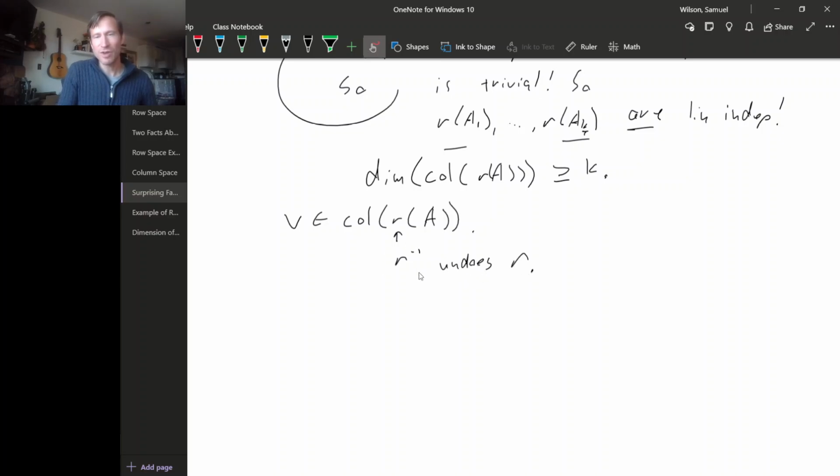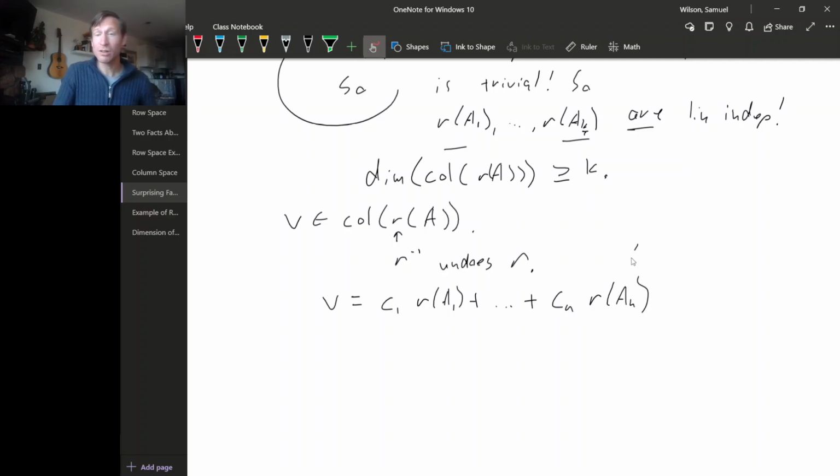Okay, and the operation that undoes a row operation is itself a row operation. So R inverse is a row operation. Since V is in the column space of R of A, that means that we can write V as some linear combination of the columns of R of A. So V is C1 RA1 plus dot dot dot plus Cn RAn, right?